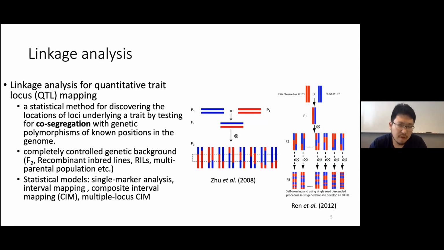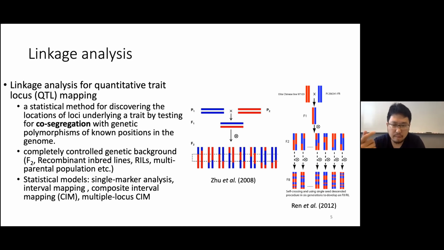This is usually done with experimental crosses. It could be done with a biparental population. For example, you can choose two parents and cross them, and you have F1 hybrids, and you cross that F1 for one more generation, you get an F2 segregating population.